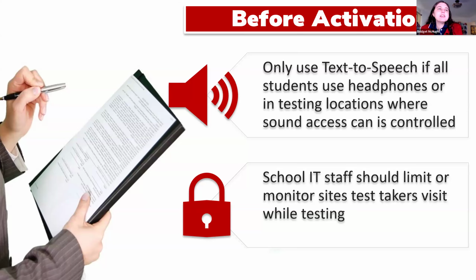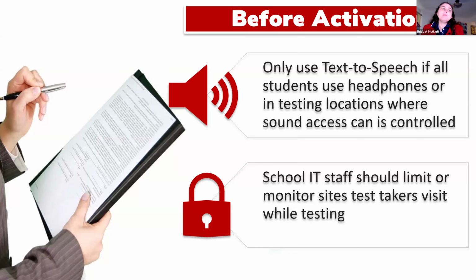The second is related to test security and proctoring. If possible, work with your IT staff to get some way to monitor what sites test takers visit, or limit what sites test takers can visit. That is in part to keep them from looking up information while they are taking the test.